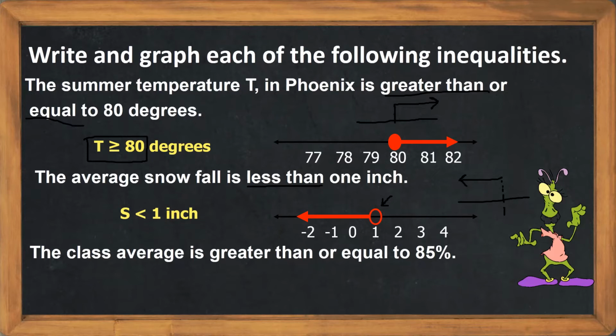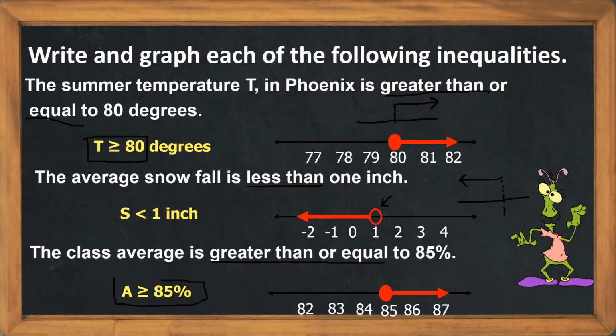Okay, so the class average is greater than or equal to 85%. So in this statement, you have the keyword, which is greater than or equal to 85. So that's how we represent it. A is greater than, as you can see, or equal to 85%. So 85 and above.